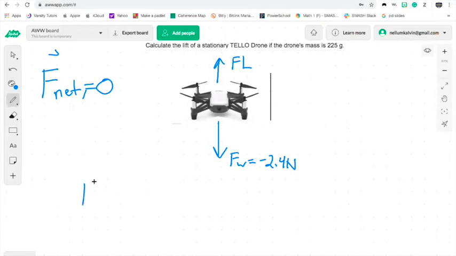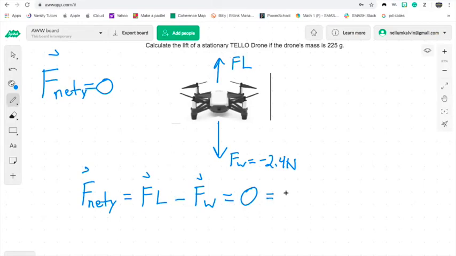So the total net force in the y direction, because that's what we care about, is going to be positive FL, because it's pointing up, minus the weight. We know that the total net force in the y is equal to 0. FL we don't know, but we know the weight is negative 2.4 newtons.